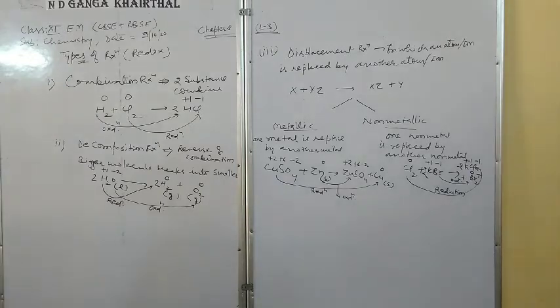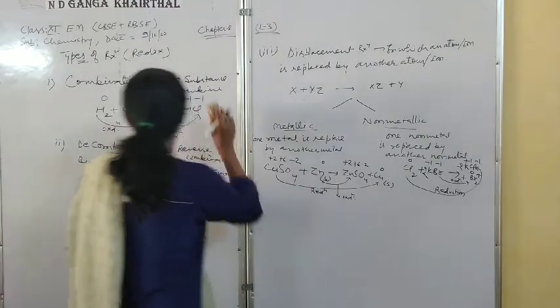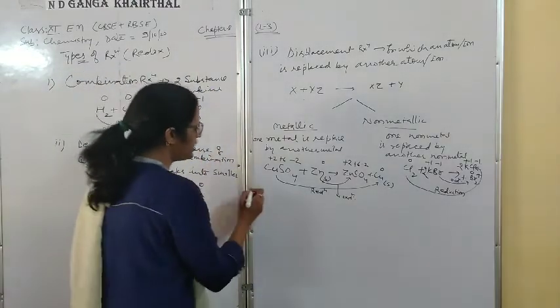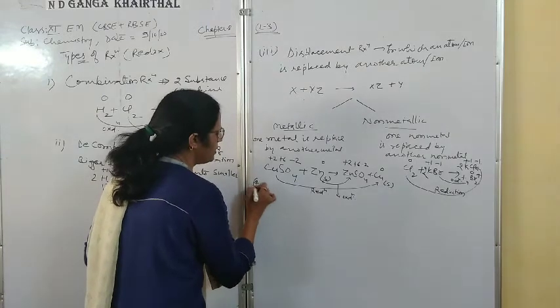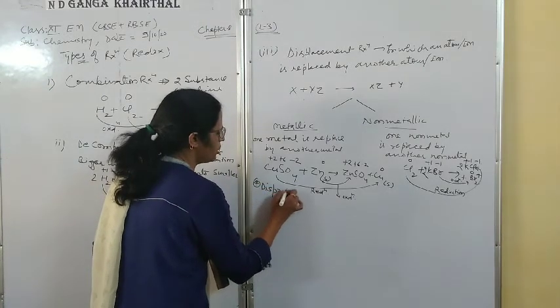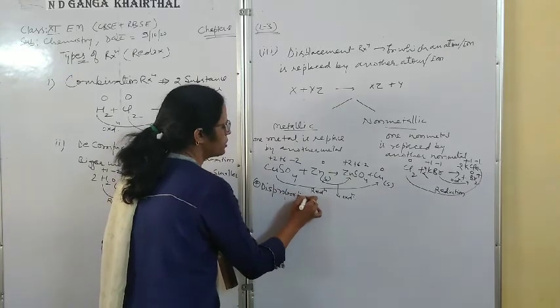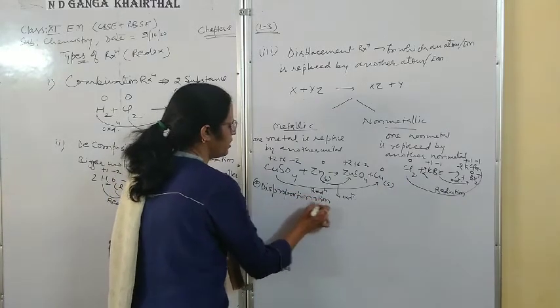These are three types of reaction. The fourth one is the disproportionation reaction. Clear?